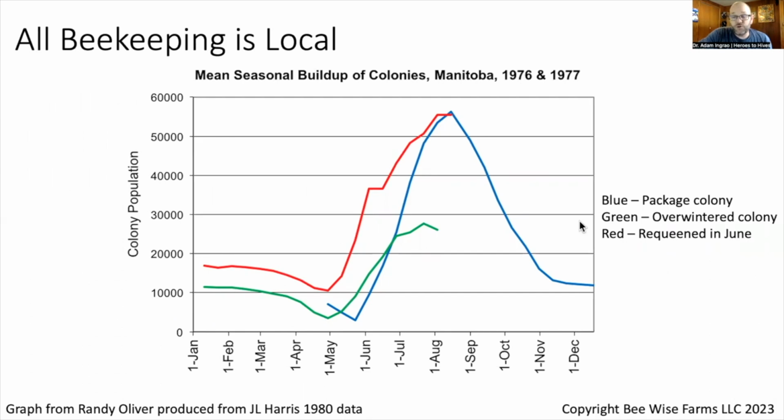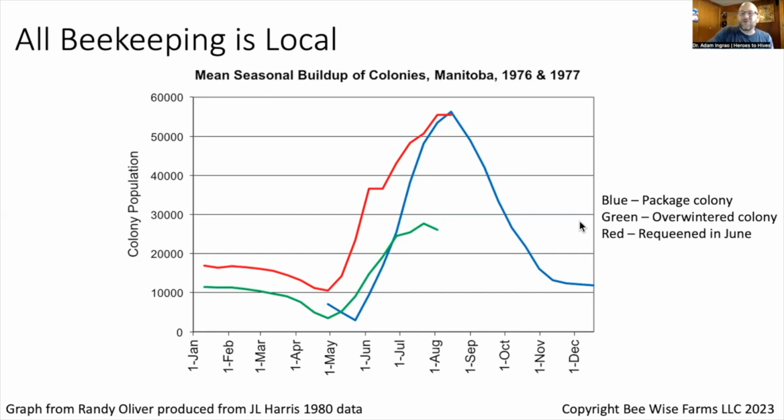So you are best suited by contacting a local bee club and starting to work with them so that you can start to understand what are the local things in your area that are important to know. And I'm going to show you two different slides here to illustrate how much beekeeping is local.